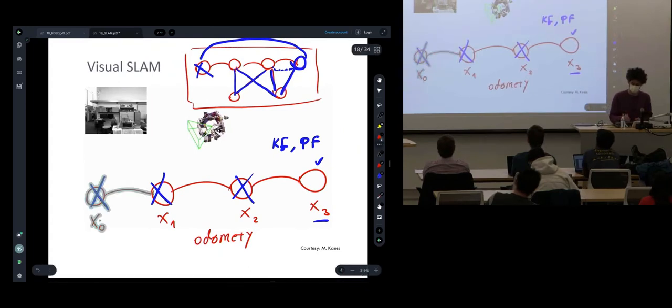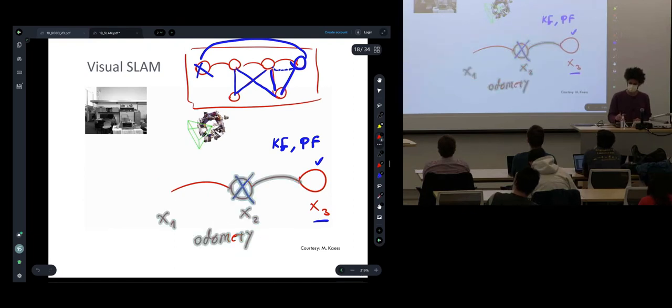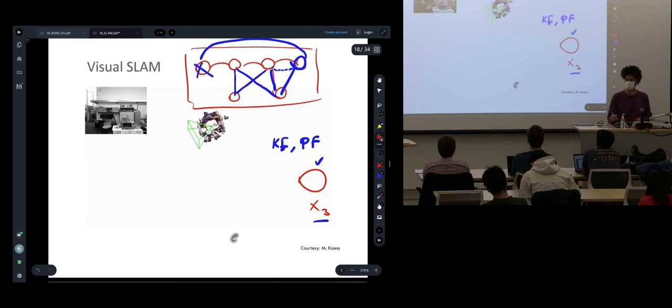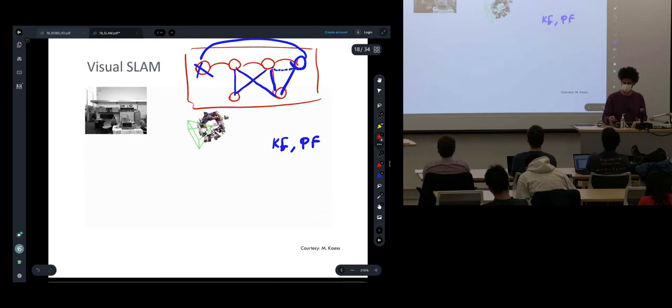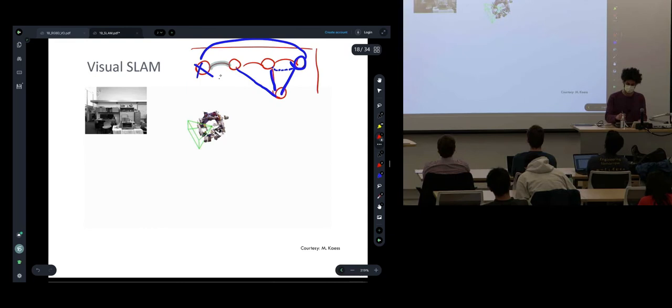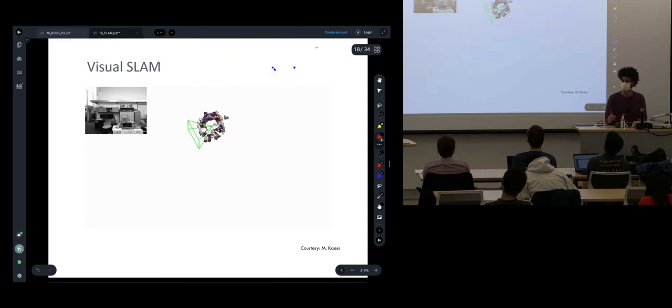It turns out when we marginalize history, it makes the problem dense. We lose the sparsity, whereas when we keep the history, the problem stays sparse. Because the number of landmarks can be large regardless of the number of poses, we end up solving a dense problem.